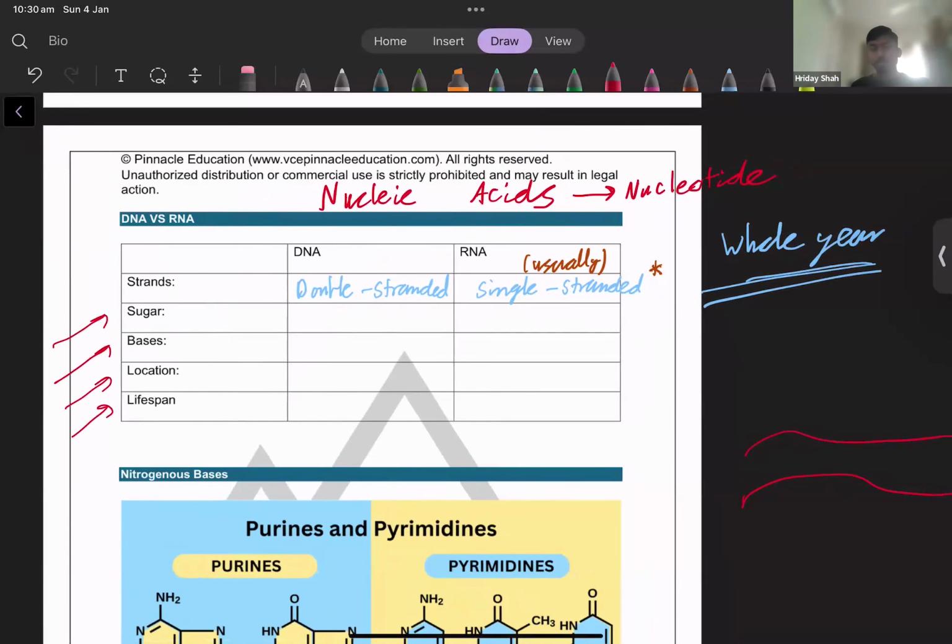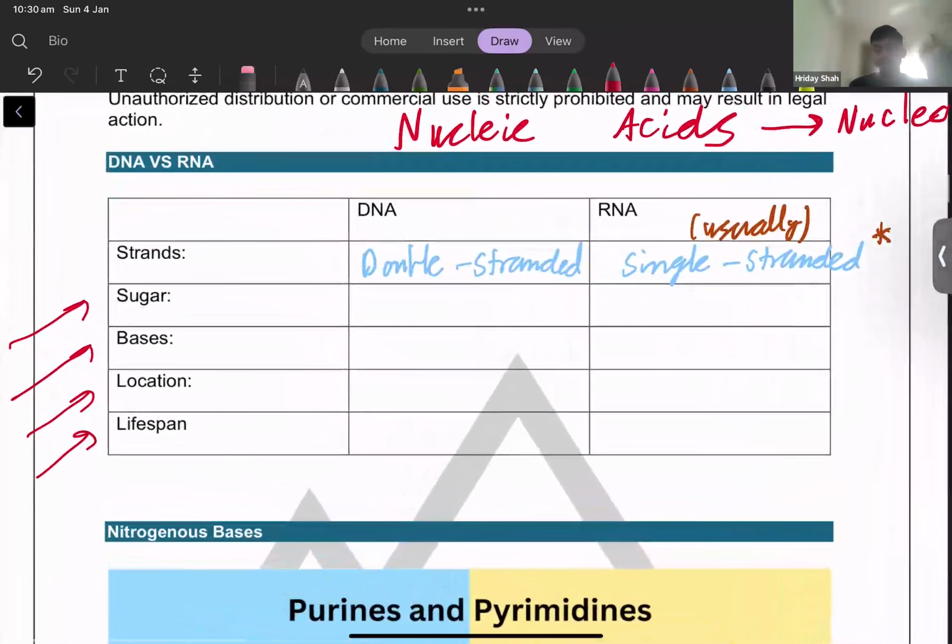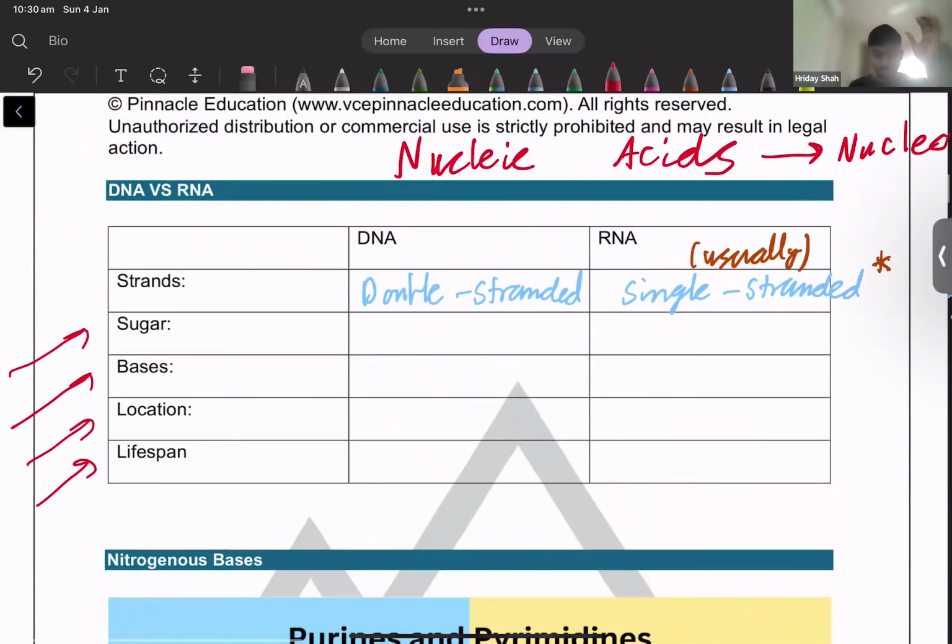So, for example, the second difference, the sugar. We will look at the structure of DNA and RNA in the next page, but sugar is one of the components that makes up DNA and RNA, and they have different types of sugars. So DNA has deoxyribose sugar, whereas RNA has ribose sugar.